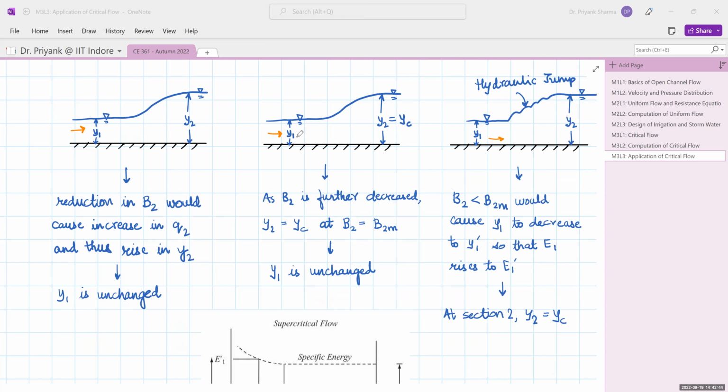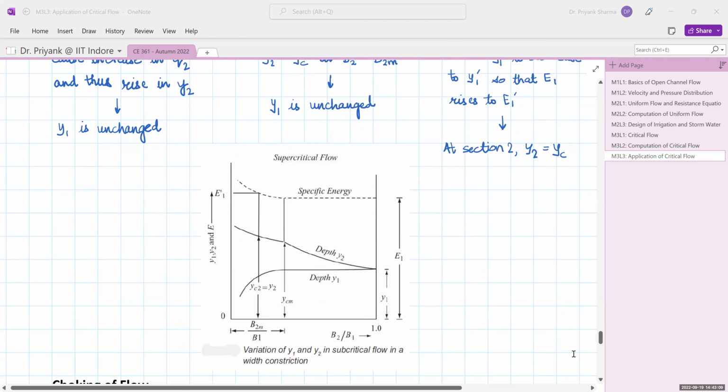But when you further try to constrict the flow beyond B2M, that won't happen under normal flow condition, and that is why the upstream specific energy would change, while at section 2 you will still have critical flow conditions, and a hydraulic jump formation would essentially be observed to overcome this scenario.